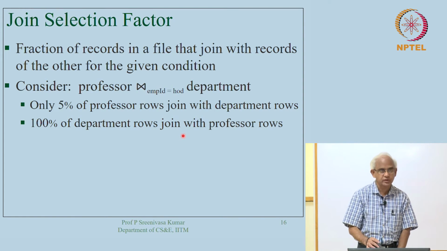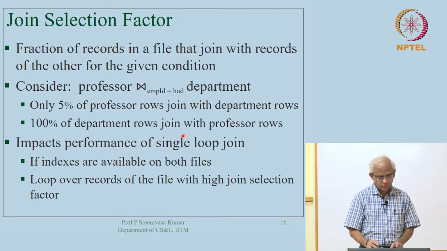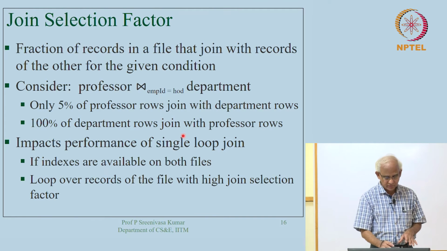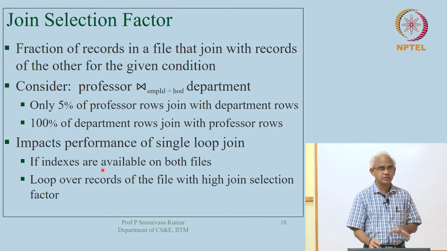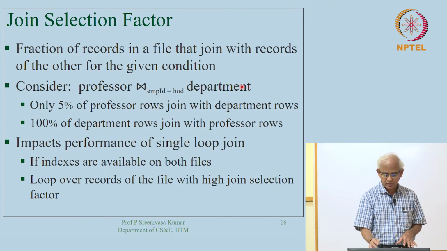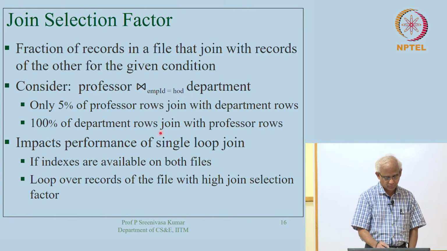These are called the join selection factors. If you know them, it is really helpful, because it is going to impact the performance of the single loop join. Let us say indexes are available on both files: on the professor file on employee ID, and on the department file on HOD. Let us assume that for a moment.